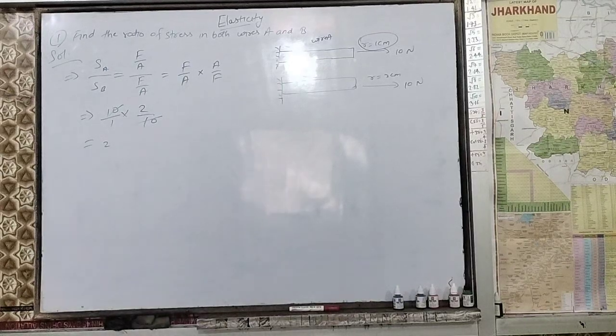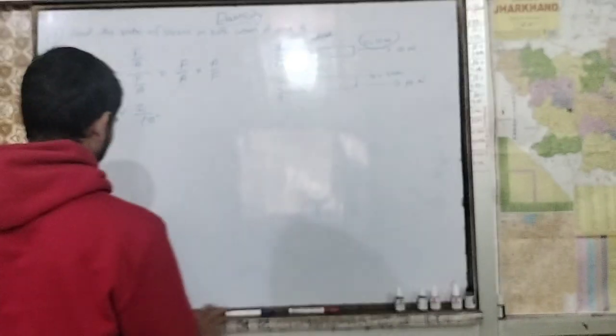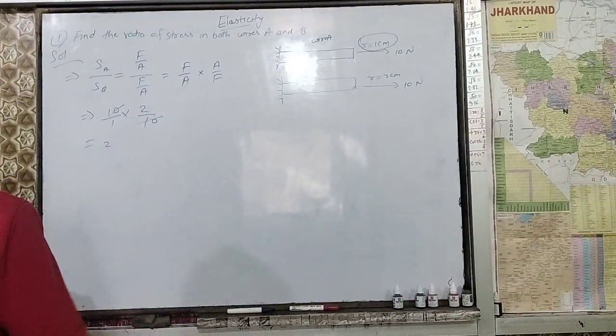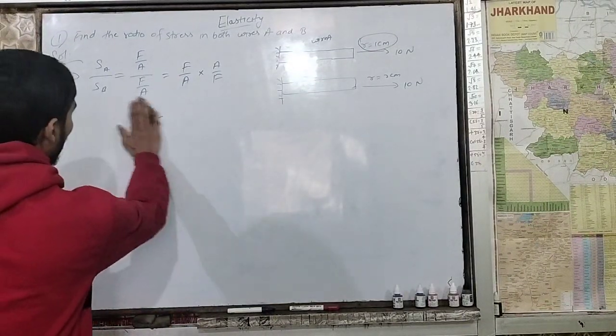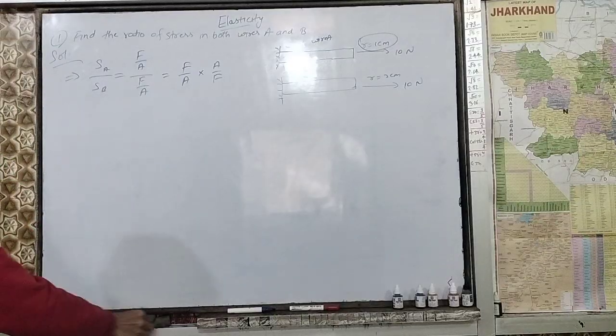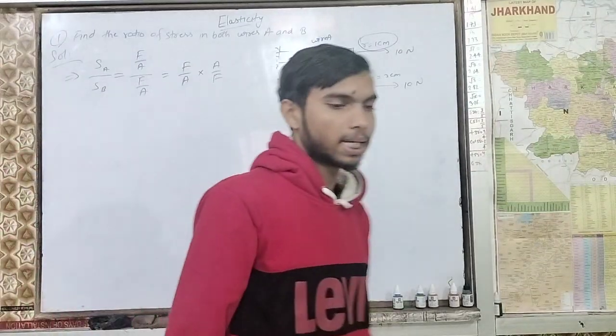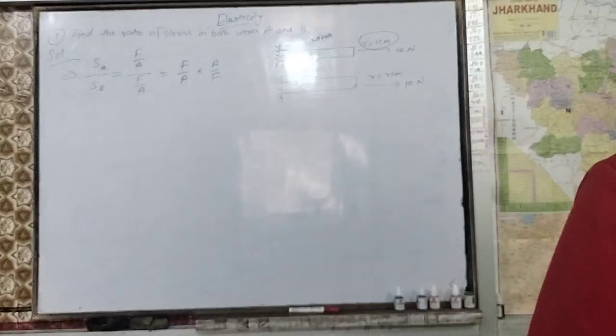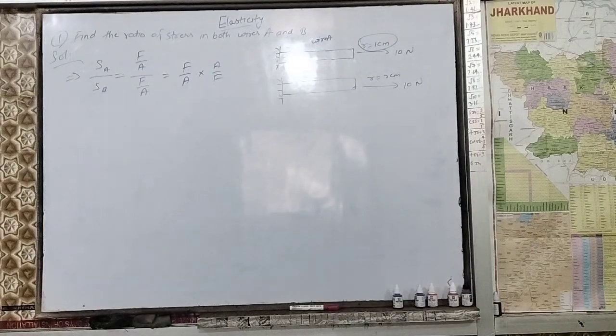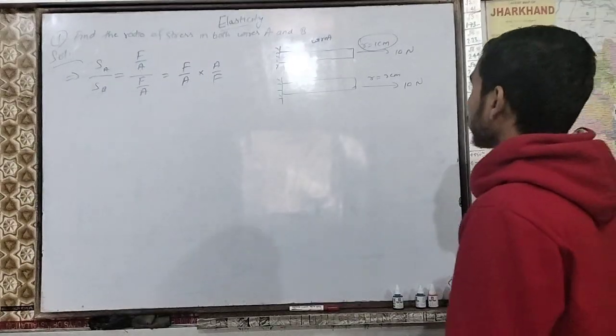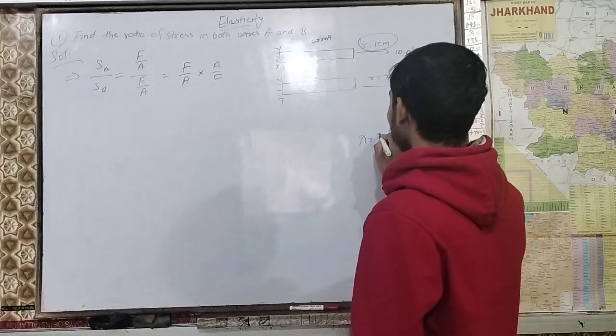If you solve this type of question that way, it will give the wrong answer. The question is providing the radius, not the area. So the area of the circle is pi r square.